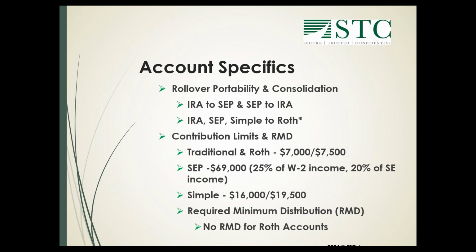So you will be getting a notice that you'll be required to take a minimum distribution if you have reached that age. And that's a calculation that the IRS has figured out, and your tax preparer will be able to tell you what that is, and then you will be required to draw those monies out of the accounts, and they will be included in your taxable income.